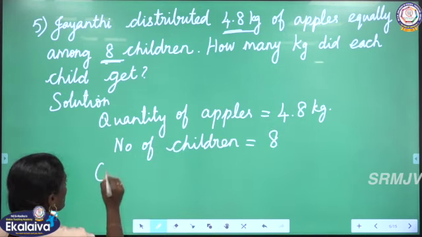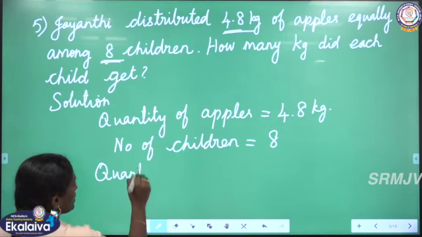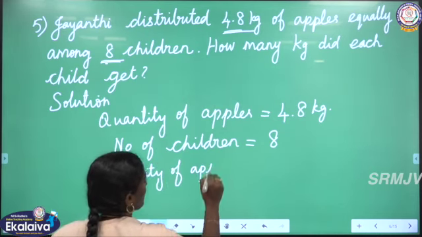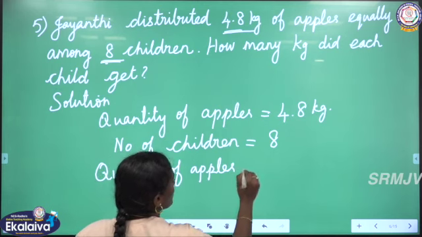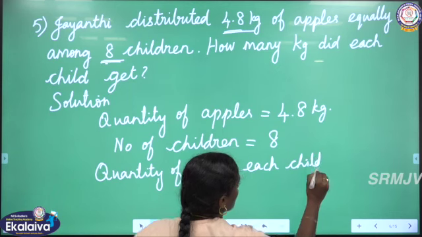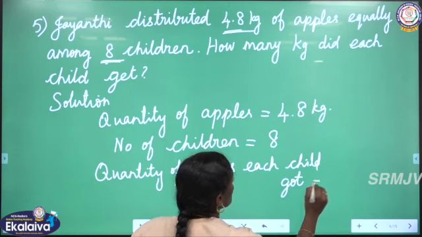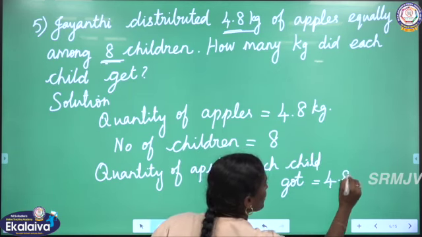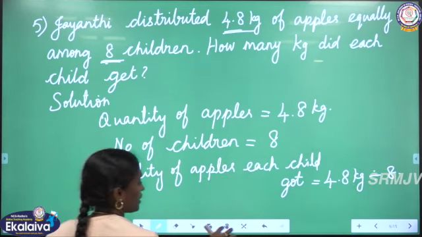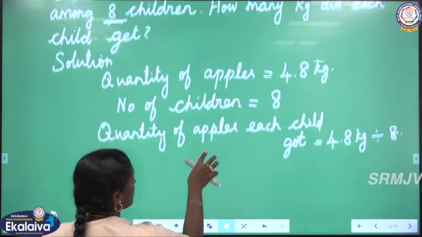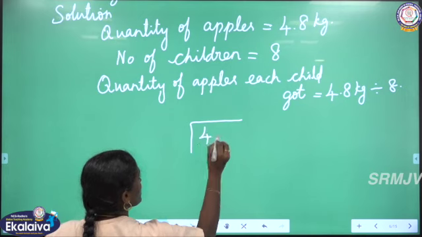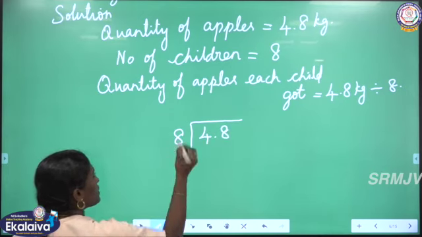Now we are going to find the quantity of apples each child got, which is equal to, we are going to divide the total quantity of apple by the number of children. 4.8 divided by 8. Here the dividend is 4.8. The divisor is 8.